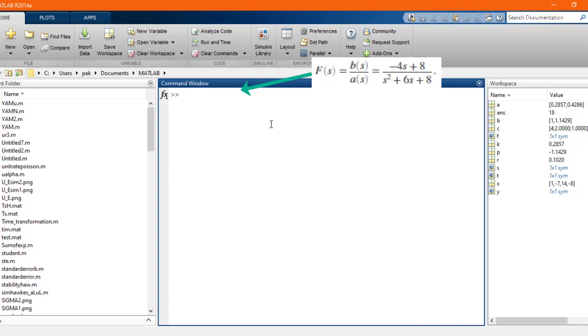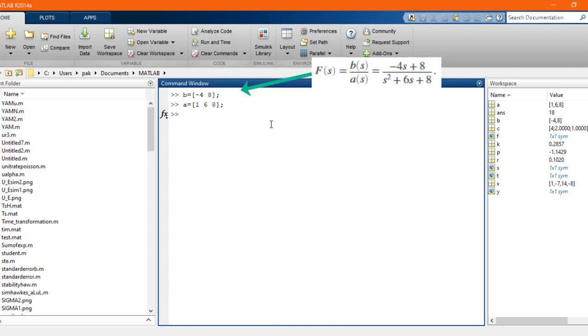So the numerator becomes b is equal to minus 4 and 8, and a is equal to 1, 6 and 8, and sorry about the wrong bracket. So I've just mentioned the b and a for our inputs, for the rational expression.